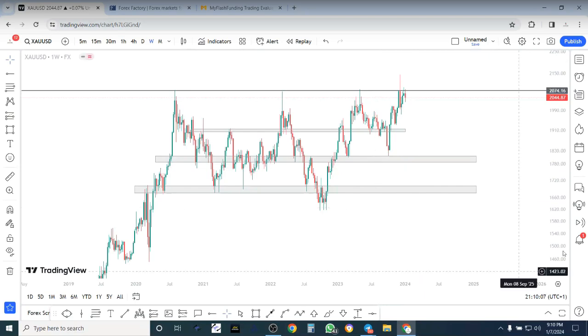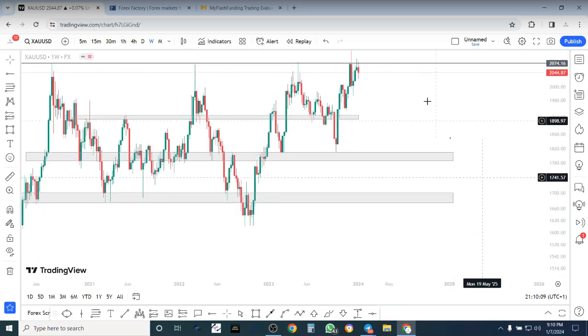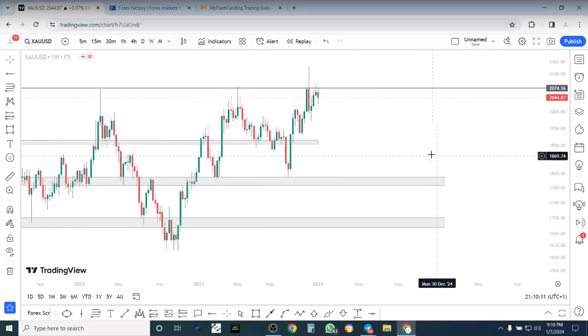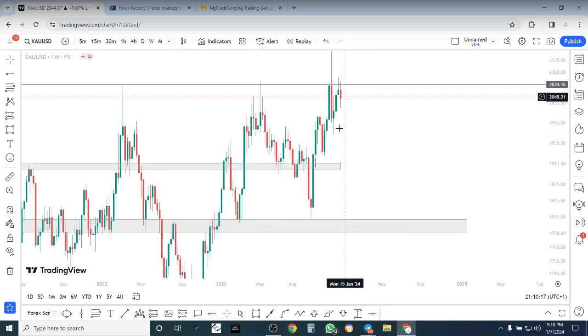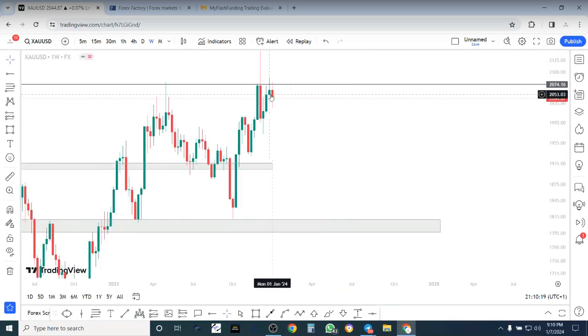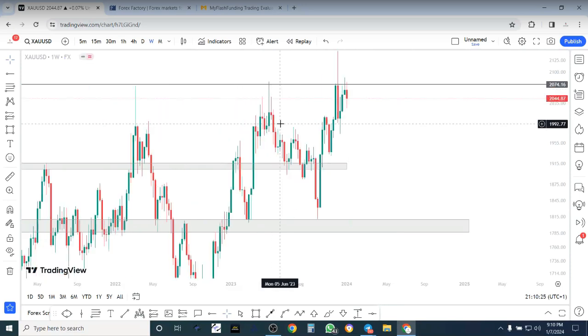Just like I like to simplify things, on the weekly time frame, price closed last week with a bearish engulfing candle. To me, this is a bearish engulfing candle because the body of this candle engulfed the previous candle, closing below the previous weekly candle. And this is not just happening anywhere, it is happening at strong resistance.